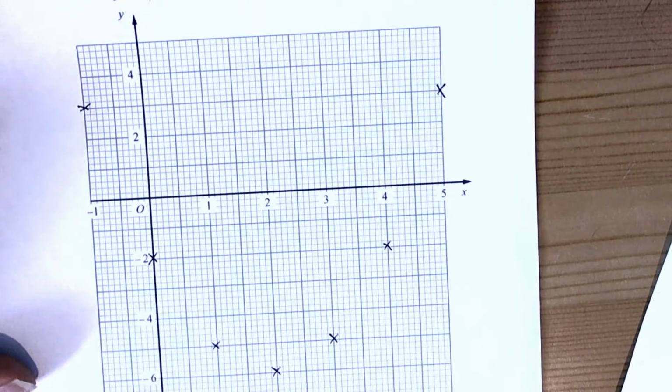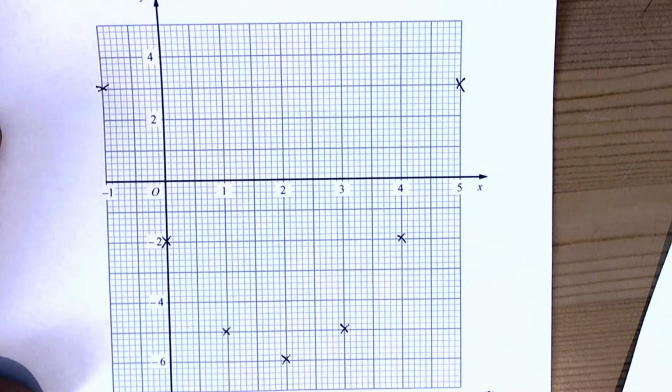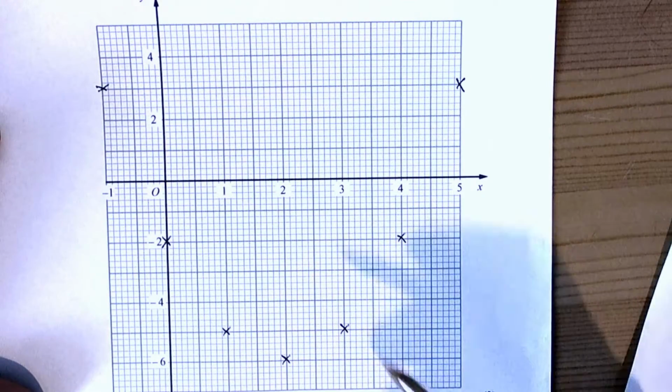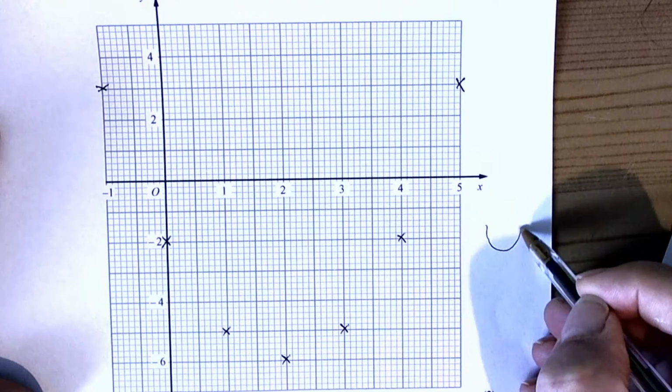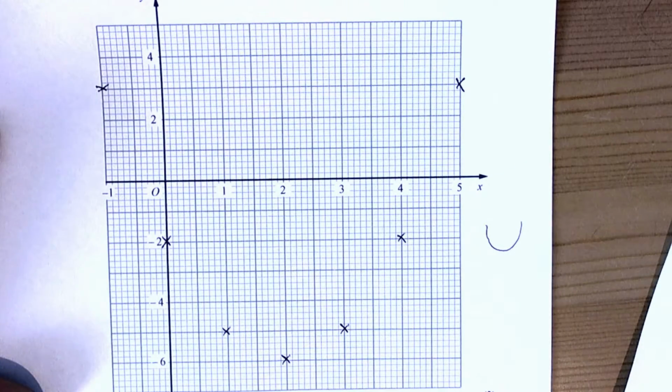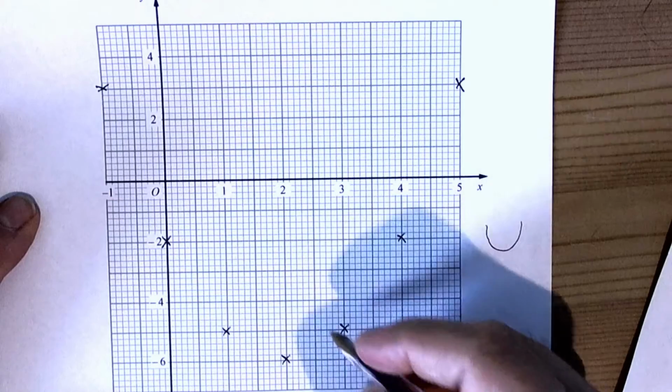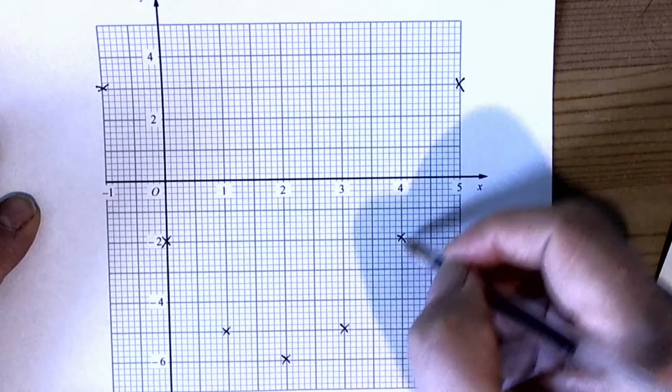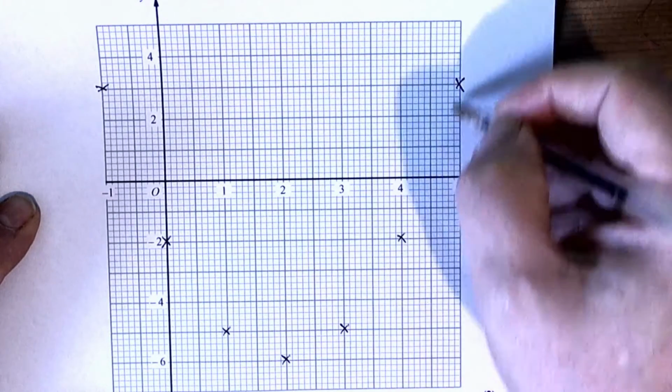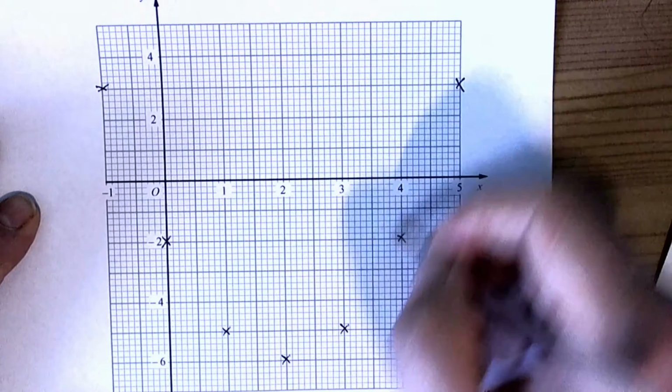Okay, so those are our coordinates. And again, what we need to remember about graph questions of this type, when we're drawing this is a smooth curve with a U shape. So we have to try our best by ghosting maybe what the curve should look like and then drawing it.